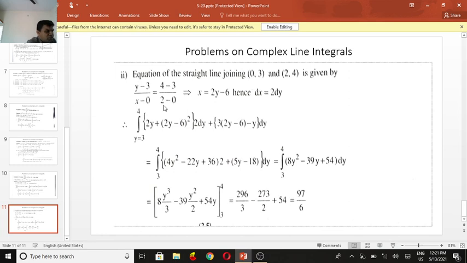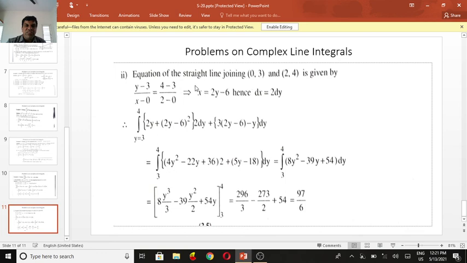Certainly you use the formula (y minus y1) divided by (x minus x1) equals (y2 minus y1) divided by (x2 minus x1). Substituting the values, we get (y minus 3) divided by (x minus 0) equals (4 minus 3) divided by (2 minus 0). So we get x equal to 2y minus 6.